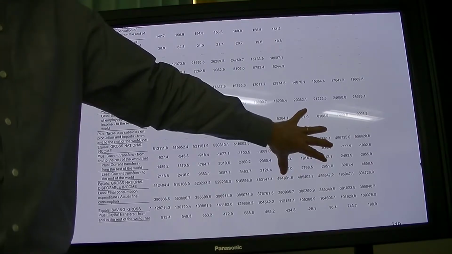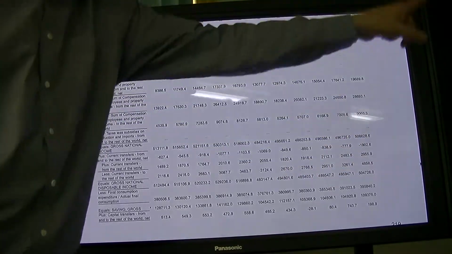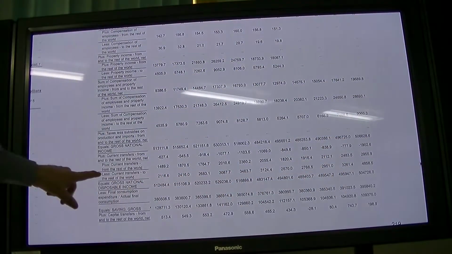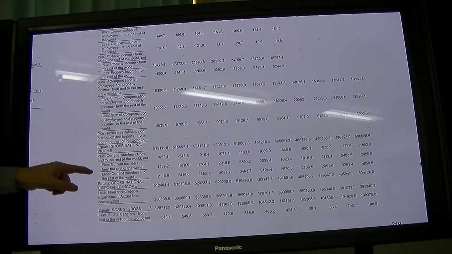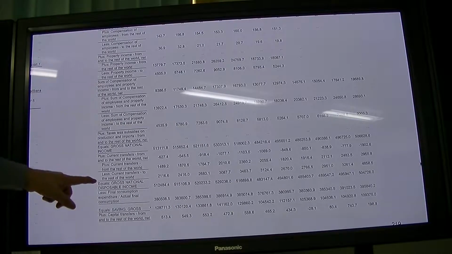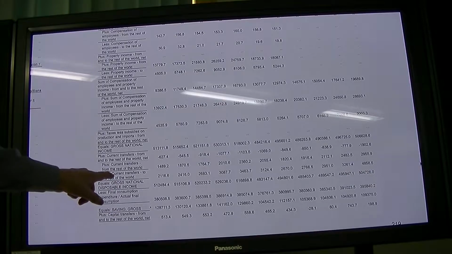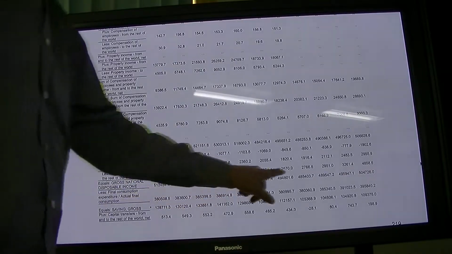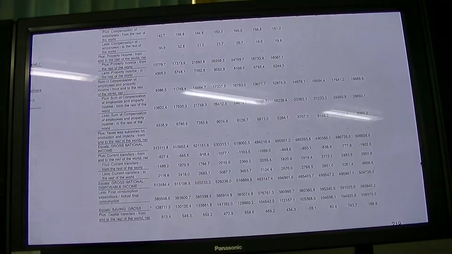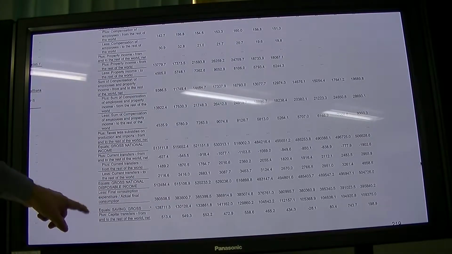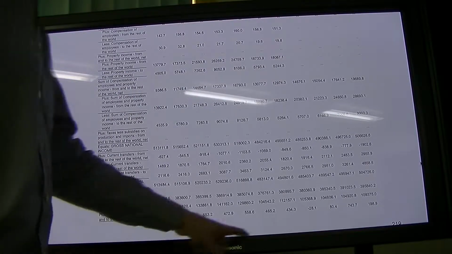I'm taking these pieces from these tables that tell us the relationship of Japan with the rest of the world. So here we're talking about the current transfers to and from the rest of the world. So that's a negative, and that's gross savings.